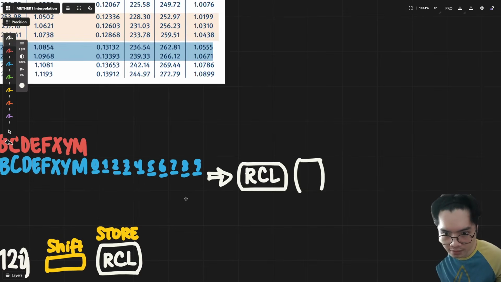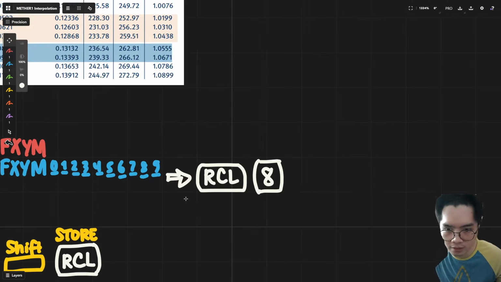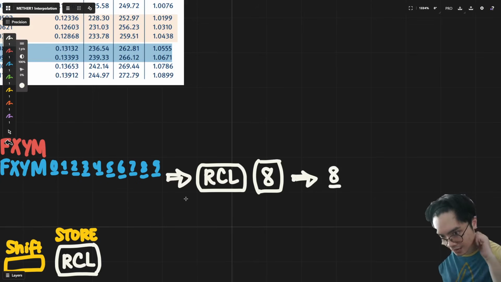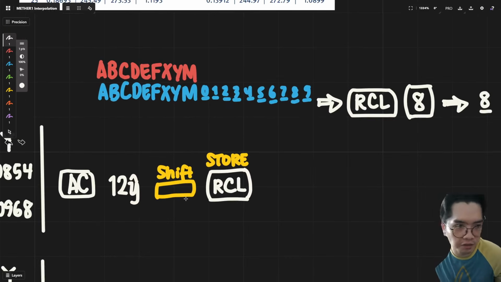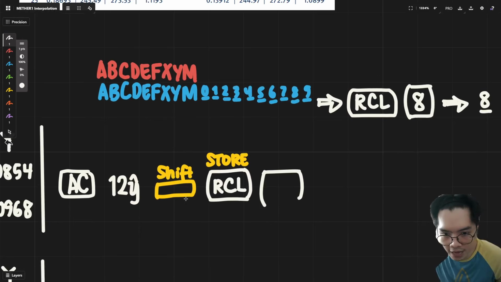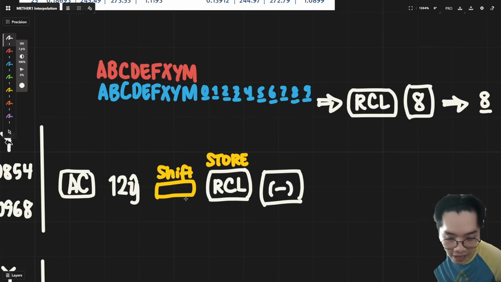So in this case, number 8, you will get in here the 8 underline, right? And so anyway, what you can do is 12y hat, and then shift store, and then you can store to any value. Say for example, in here I will store it in letter A, which is in both calculators, both of them are in the negative sign button.